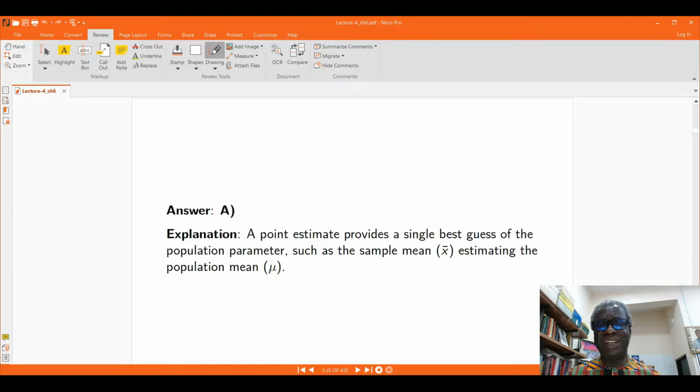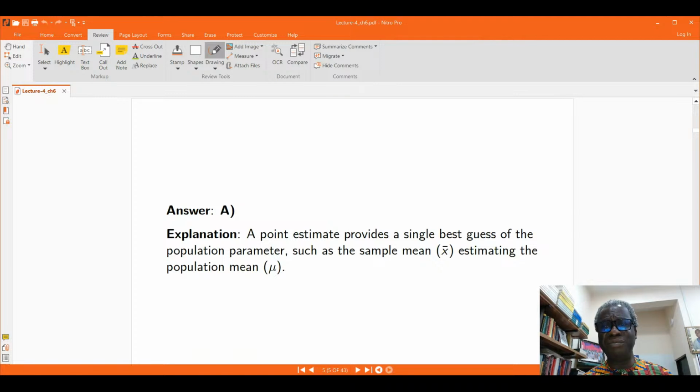So if you are interested in a population parameter, or population mean for instance, then you simply use the sample mean, which will give you a single value as the estimate of the unknown population parameter.